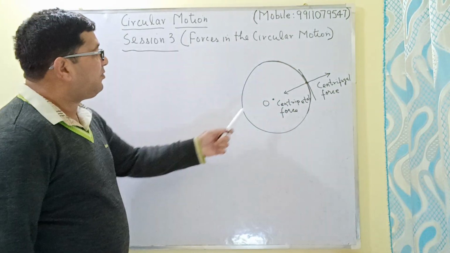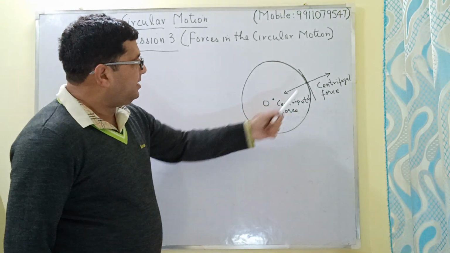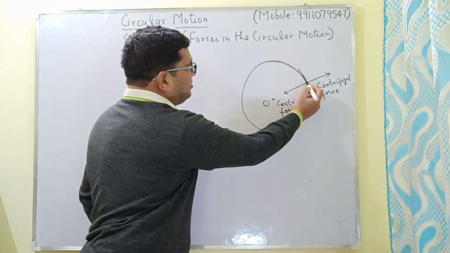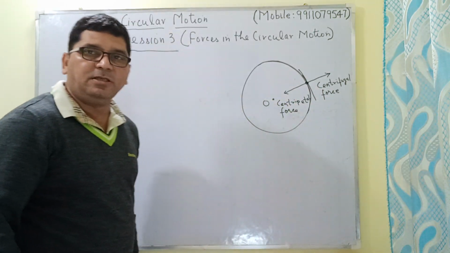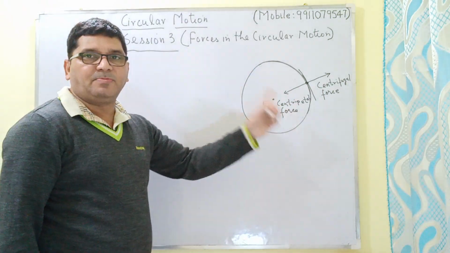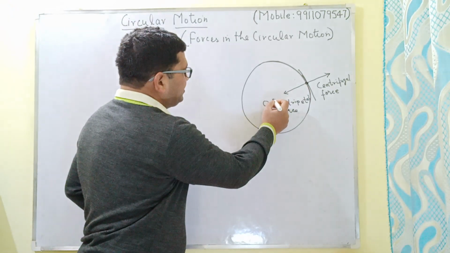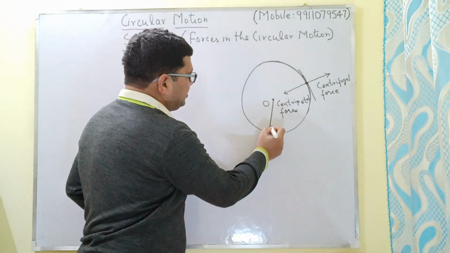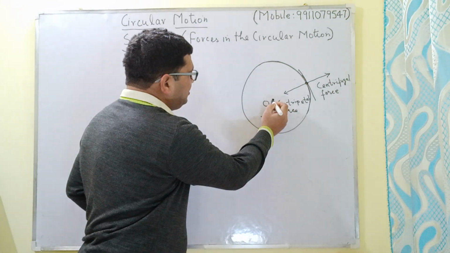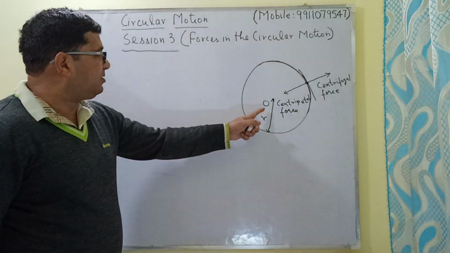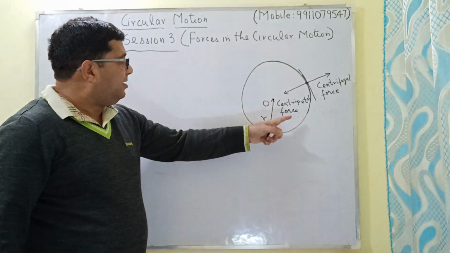Here I have drawn one diagram, and this is the position of an object at any moment of time. It is moving in a circular path of, say, radius r. This is the radius of the circular path, and O is the center of this circular path.